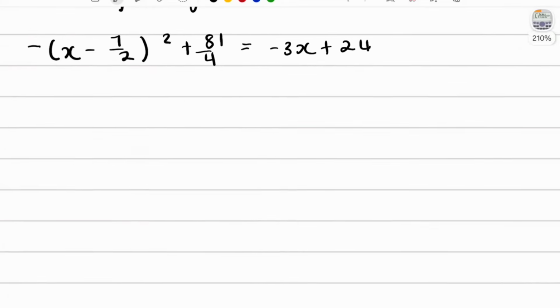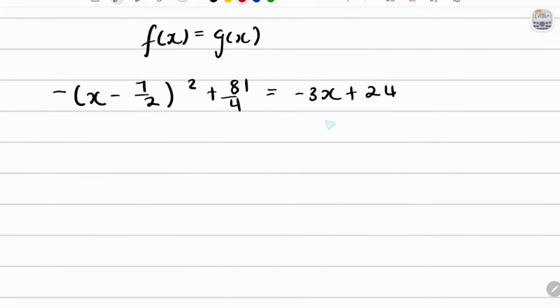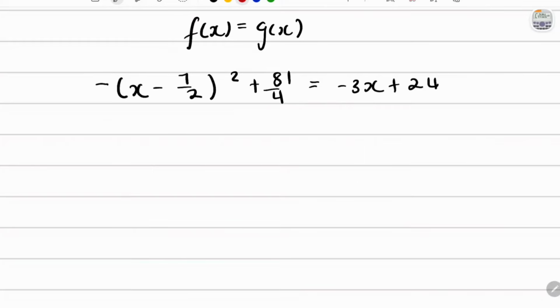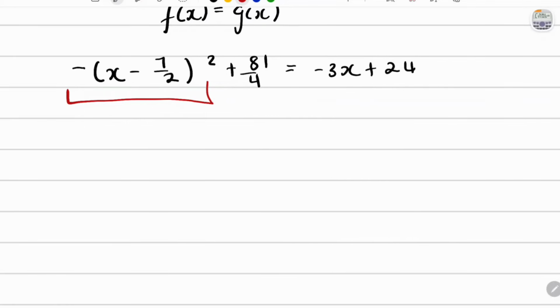Normally I'd like to leave these two alone and just simplify to get to the x, but there's no use doing that right now because we already have an x here. So you might as well distribute. What I can do actually is take this over. Since it has a negative in front of it, I'll take it over and make it positive.